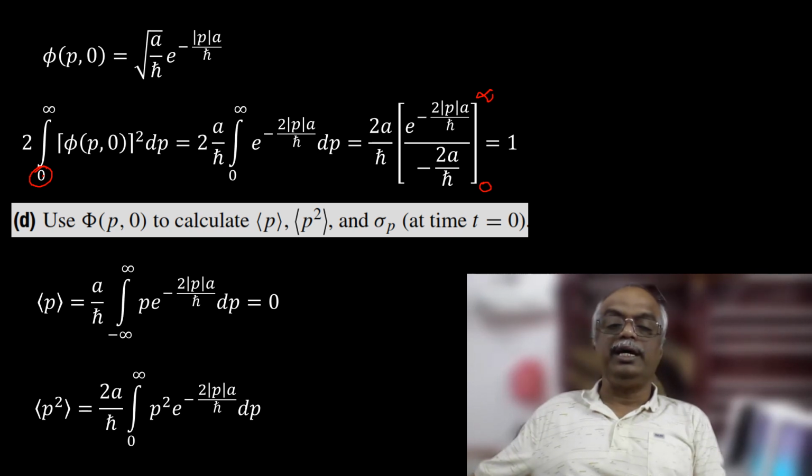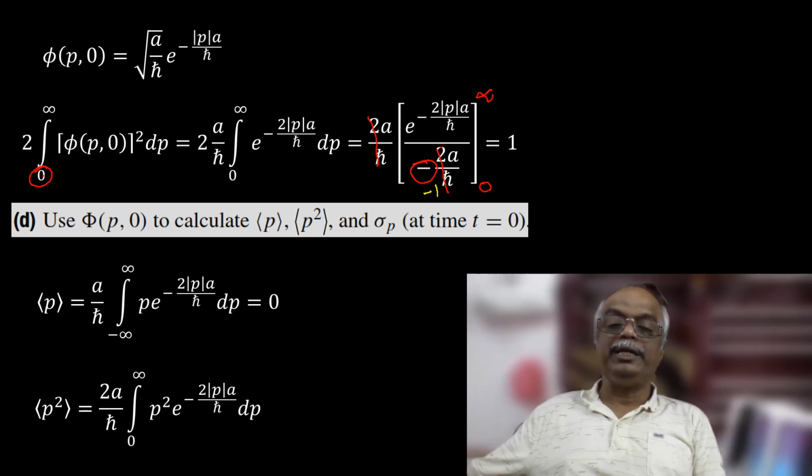So here this 2a over h cross will get cancelled with this 2a divided by h cross. You have this minus 1, so that can be taken as minus 1.